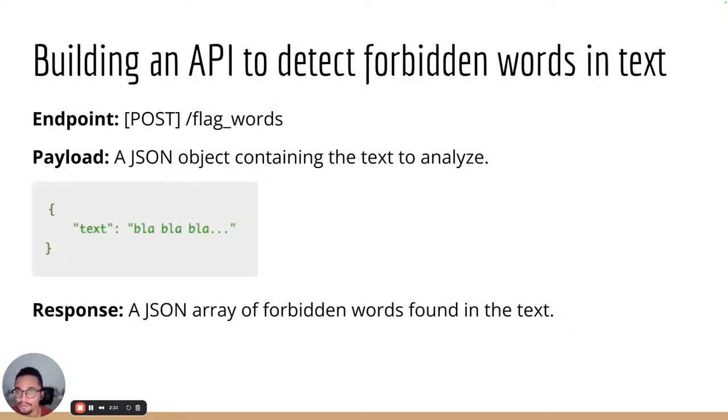First, let's see how we can describe this API. The endpoint will be just a POST method, flag words, with a payload where you can send a text. The text content, for example, can be a comment or a text for another book. The response will be the array of the forbidden words found in the text.